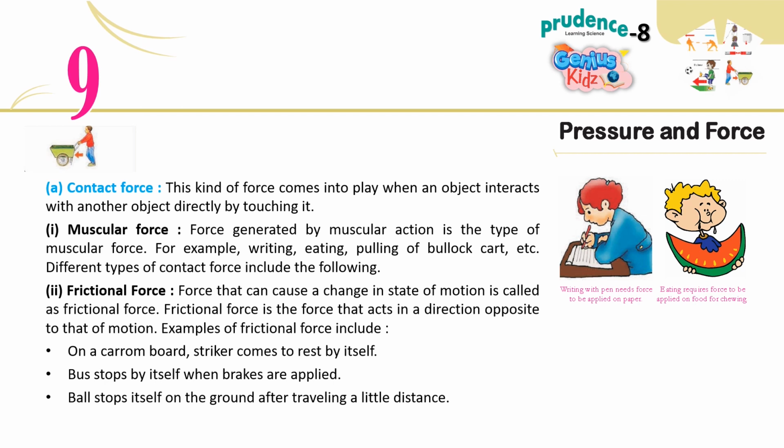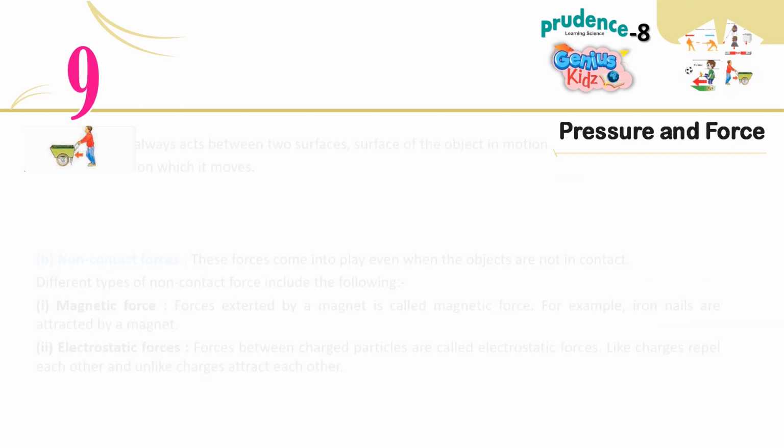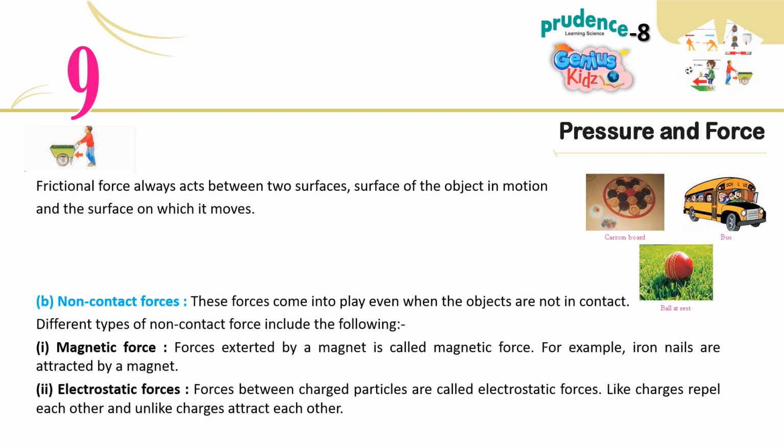Examples of frictional force include: on a carom board, the striker comes to rest by itself; a bus stops when brakes are applied; a ball stops by itself on the ground after traveling a little distance. Frictional force always acts between two surfaces, the surface of the object in motion and the surface on which it moves.